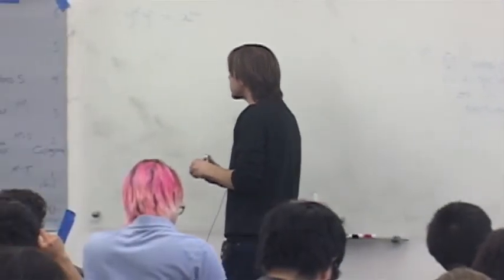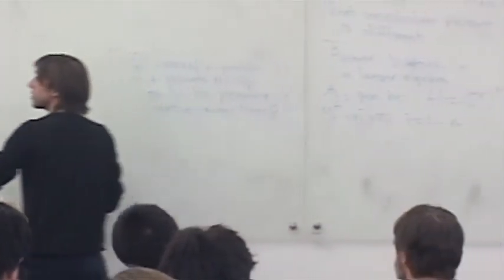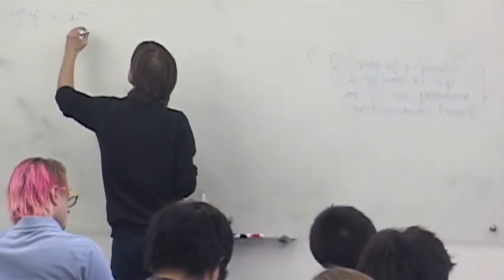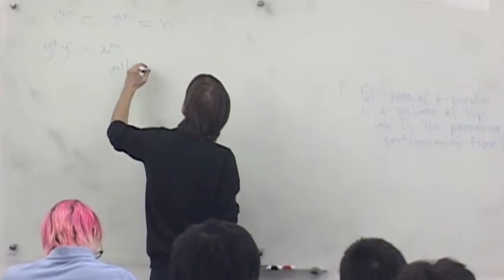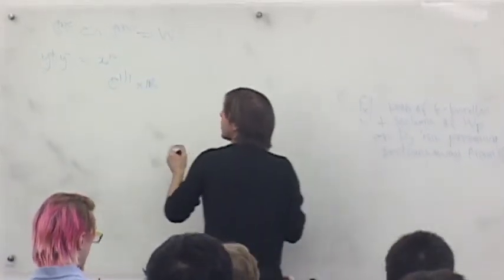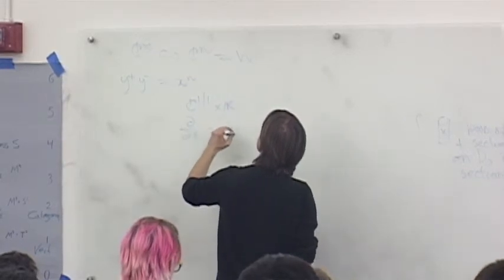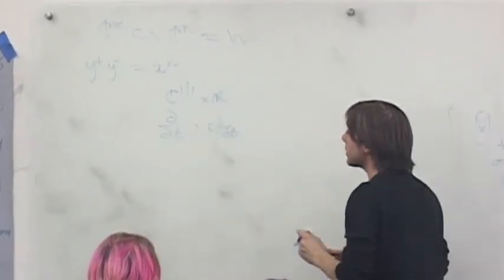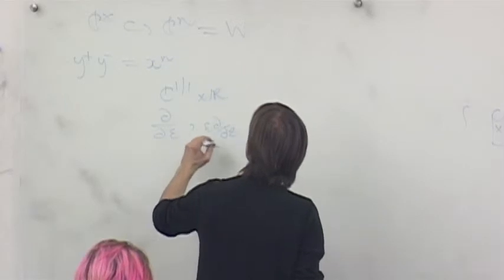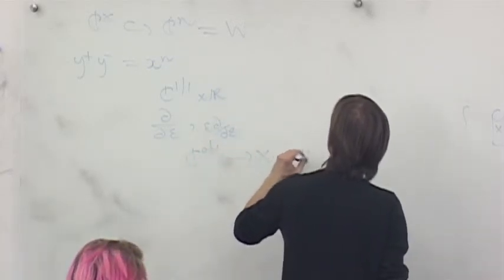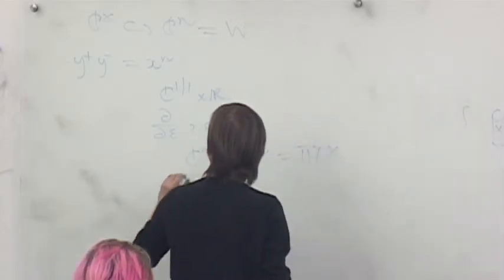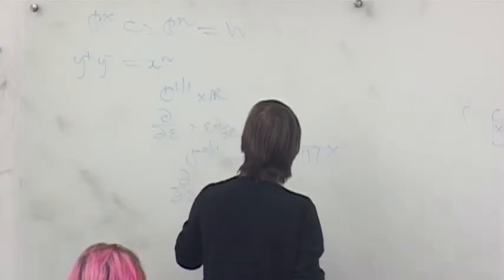So when we did the holomorphic twist, we had this thing which looked like C1/1 cross R. And we had two symmetries, d epsilon and d by dz. So what we learned, if I take this mapping space, C0,1 to x, this is the odd tangent bundle of x, and then the symmetry d by d epsilon becomes the de Rham differential.